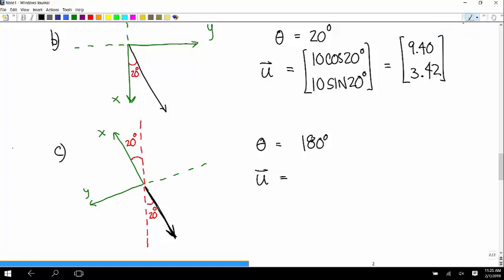The 20 degrees in that picture is there so that we know how the coordinate system is oriented compared to the physical world and how the vector is oriented compared to the physical world.